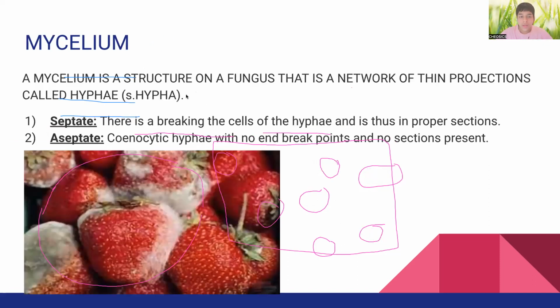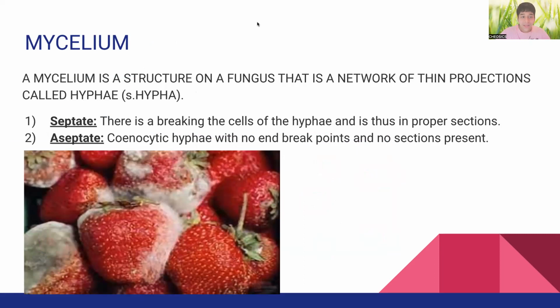So here we have something called a mycelium. What exactly is a mycelium? It's a structure on a fungus that is a network of thin projections, and those thin projections are called hyphae.